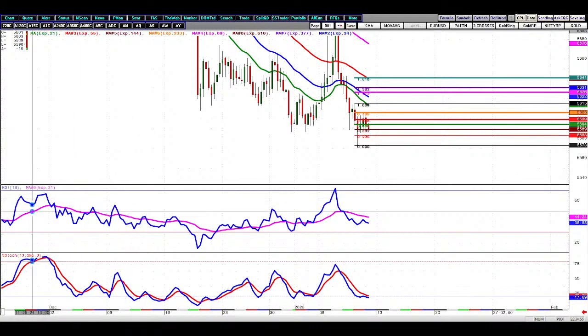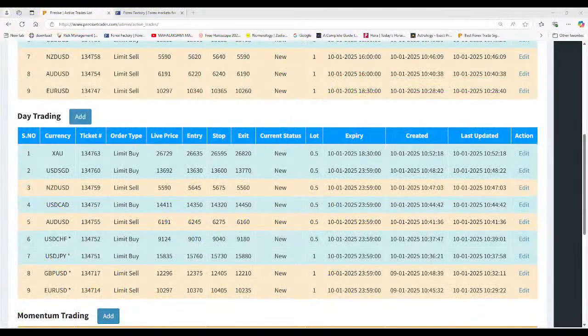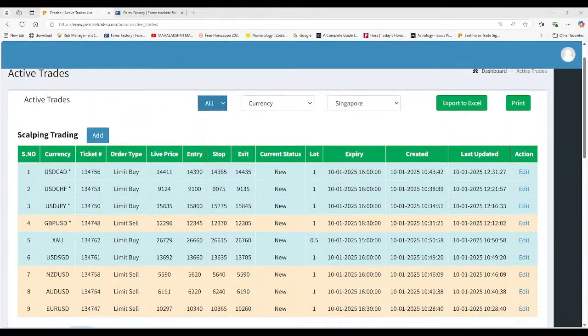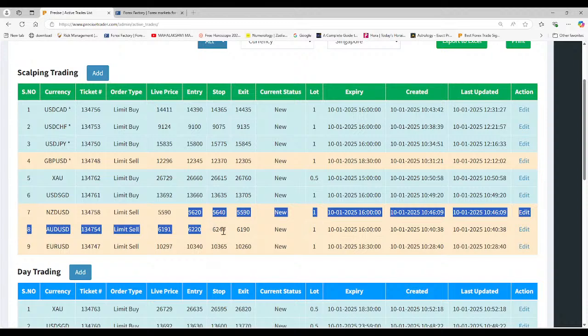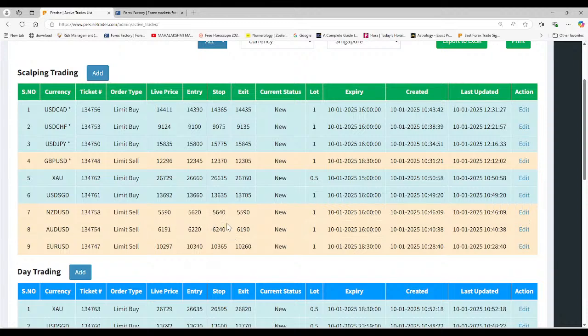Let's see what signal we have given. We have a sell at 56.20 and current high is only 56.05. Let me see the system whether we are seeing any weakness. No weakness yet. Only the Aussie dollar we are seeing some weakness, maybe we can go for that trade.